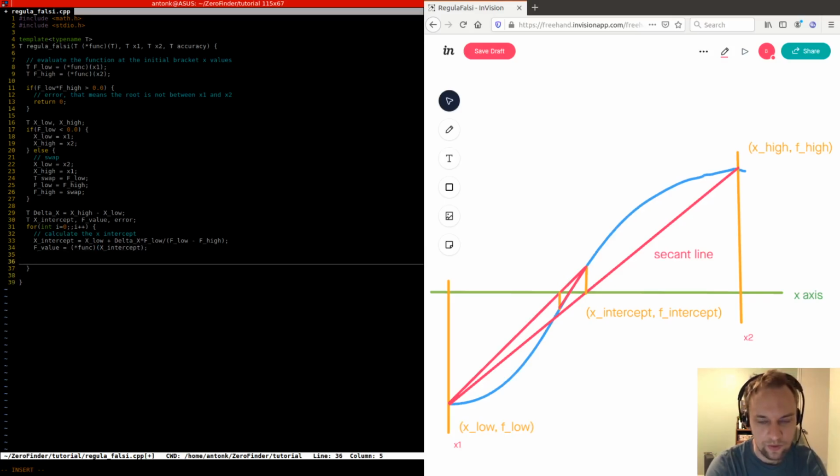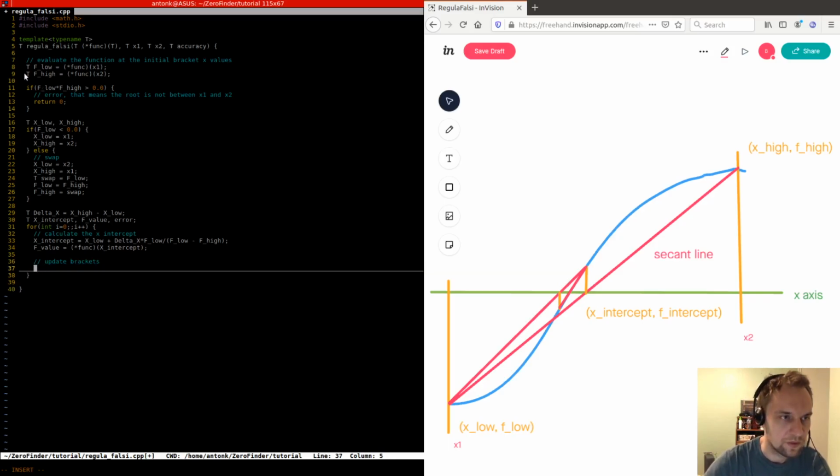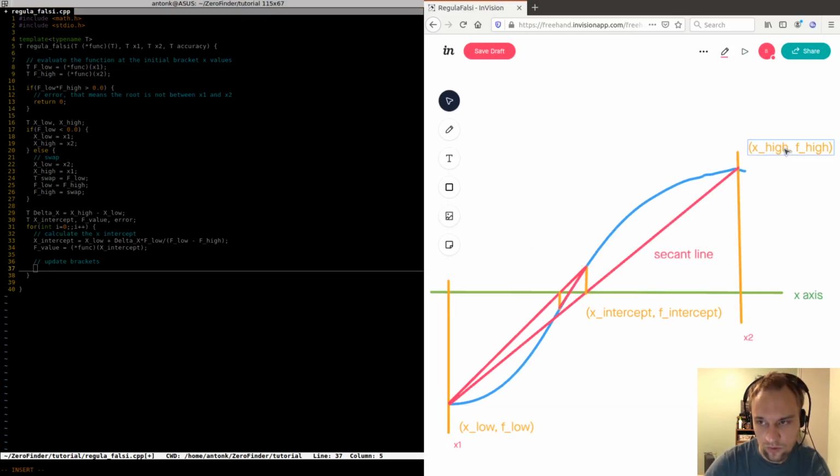Okay, so now we need to update our brackets. Essentially, we're going to move one of these boundaries to the x-intercept location. So in this case, since the function evaluated at the x-intercept location is positive and f low is negative, then we know that the root has to be somewhere between these two x locations.